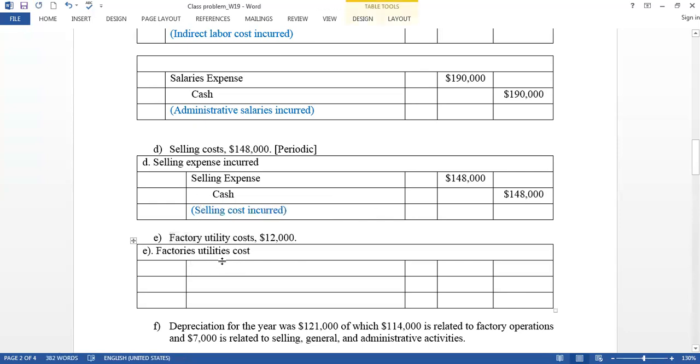What do you think? This utilities is manufacturing overhead, right? Because it is not direct. Yes. Okay, so manufacturing overhead debit, and this cost paid in cash, so cash credit.